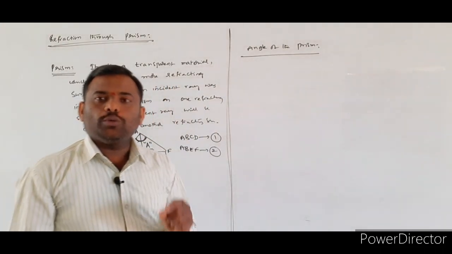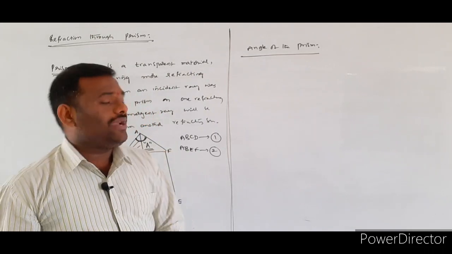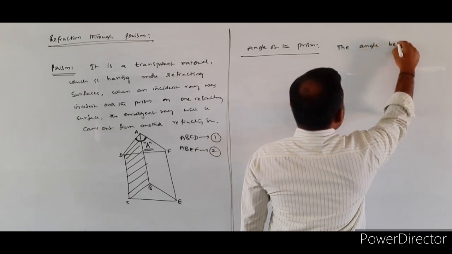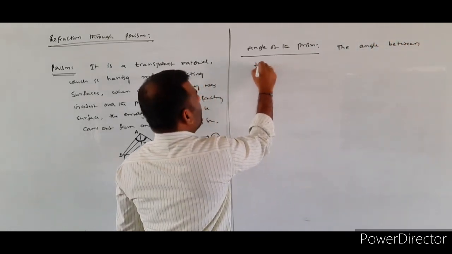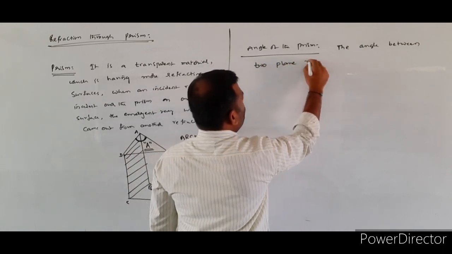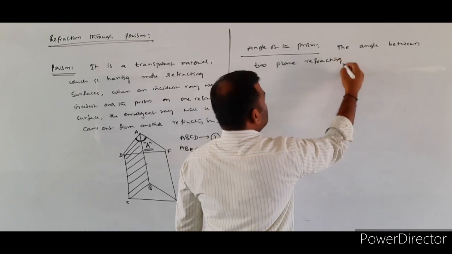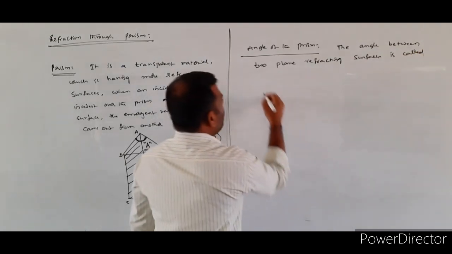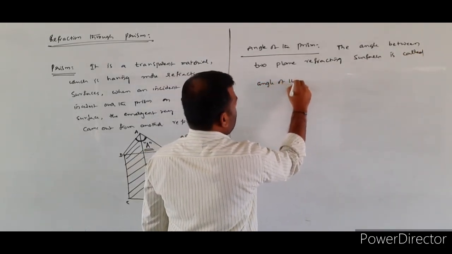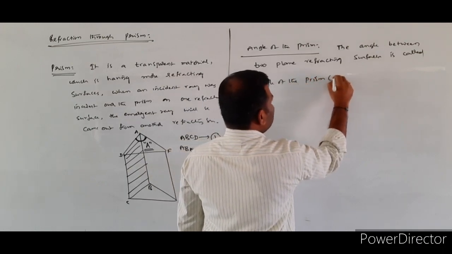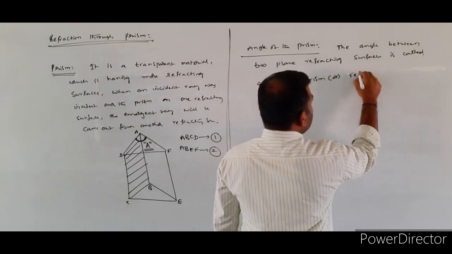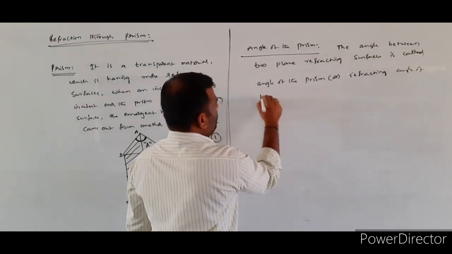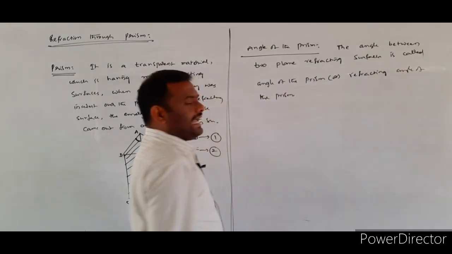The angle between two plane refracting surfaces of the given prism is called the angle of the prism, or sometimes it is also called the refracting angle of the prism.